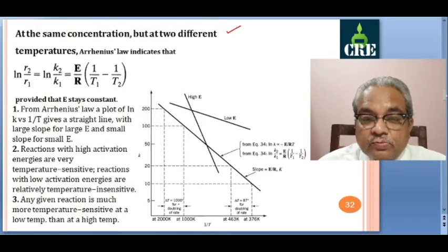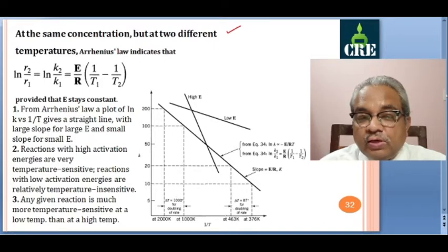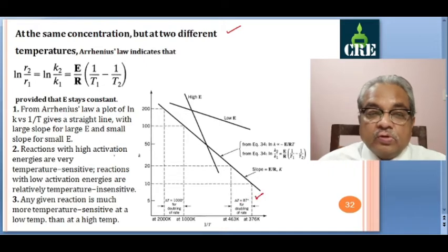And here the observation: for doubling the rate at low temperatures, delta T is 1000, and for doubling the rate at high temperatures, delta T is observed to be 87. So these points we will discuss. From Arrhenius law, a plot of ln of K versus 1 by T, so here K is written, that means y-axis is logarithmic scale.